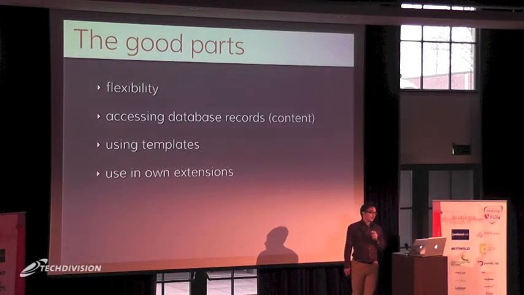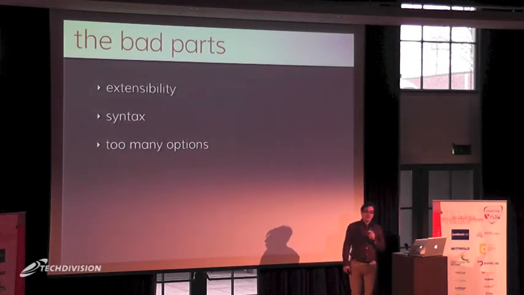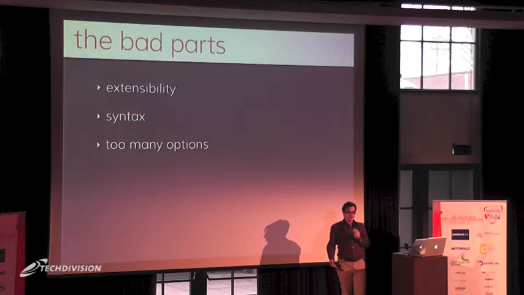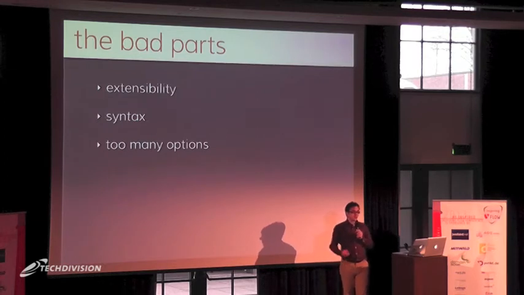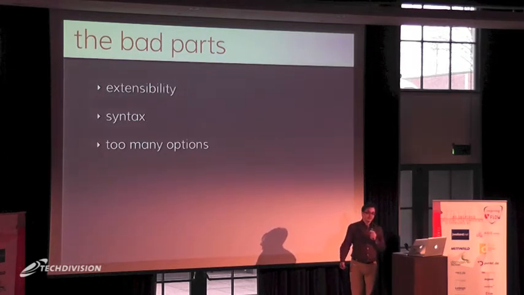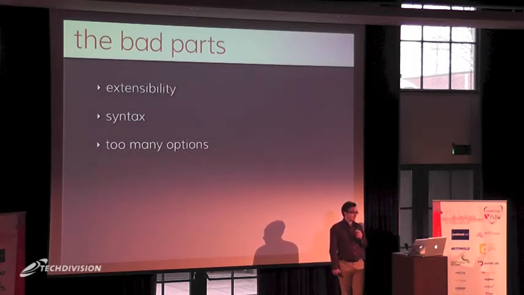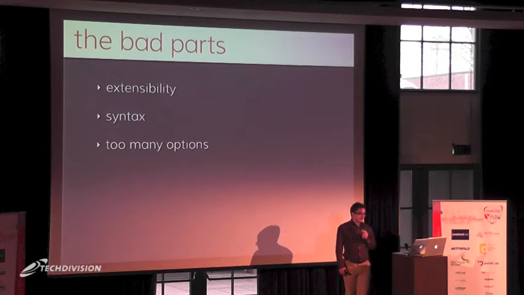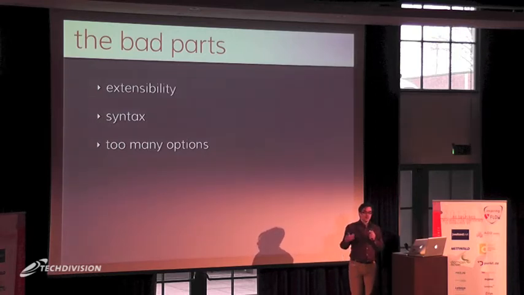But there are also some bad parts. The extensibility in TypoScript and CMS is quite bad. It is better now. You can hook into it, you can add data, custom data getters, but still it is not extensible really. Also the syntax has quite some problems.